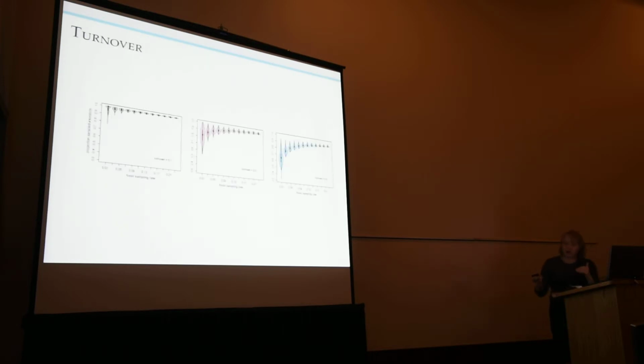So coming back to turnover again, I want to talk a little bit about this sampled ancestor assumption. Here we have 3 different plots. On the y-axis, we have the proportion of fossils that are sampled ancestors, and on the x-axis, we have the fossil sampling rate, so the rate at which fossils are recovered along our tree.